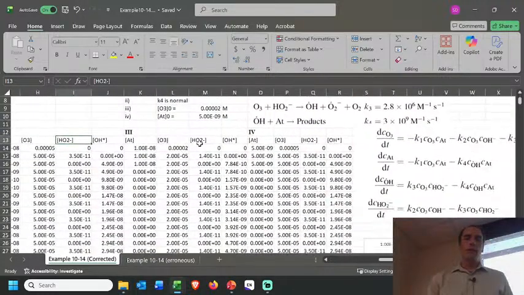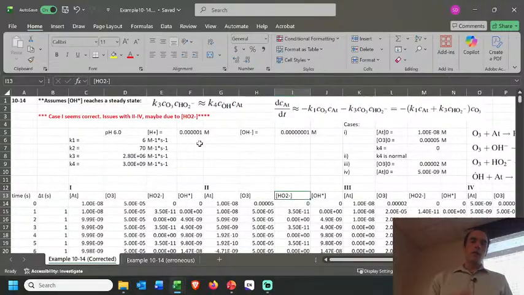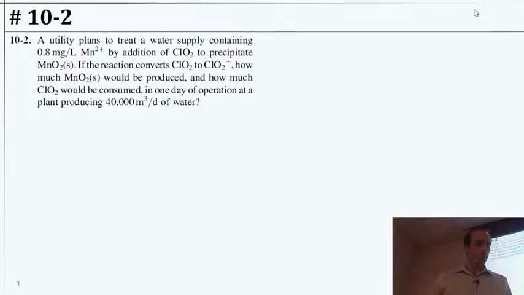So that's the aim. And if nothing else, it is quite handy to be able to point out the initial rate at which things occur. And so some of the homework problems we will look at do exactly that. Okay. Did anybody make an Excel sheet like that for 10.14?